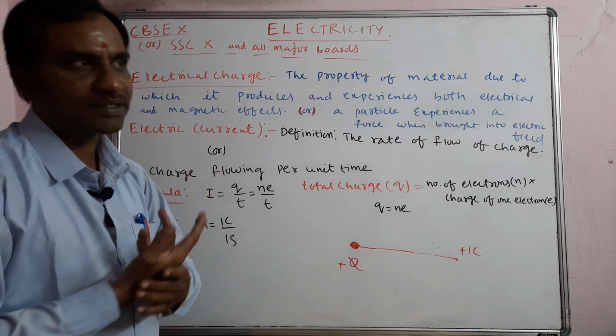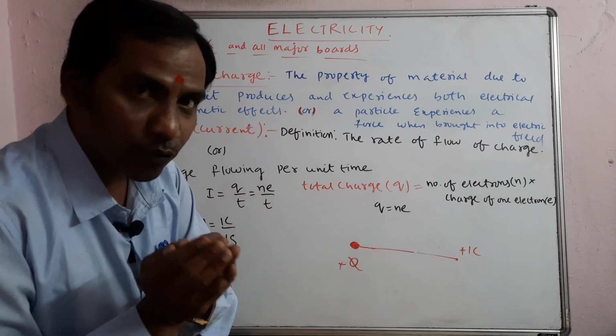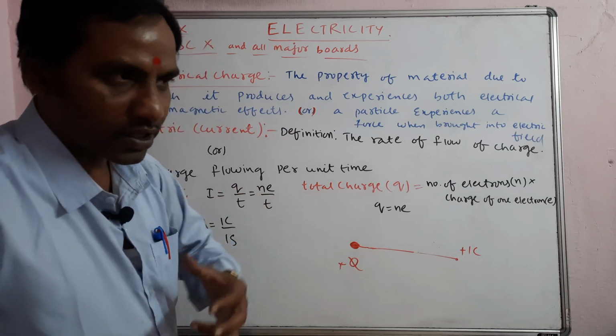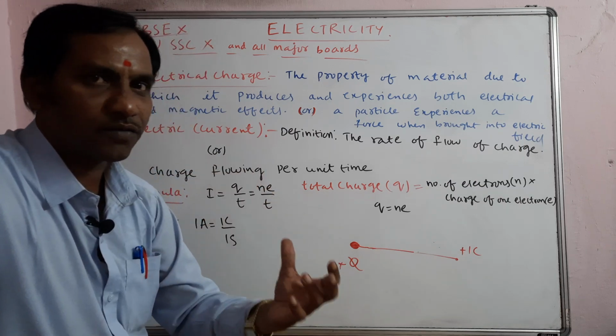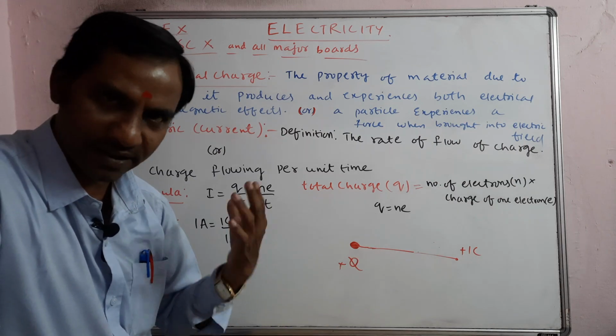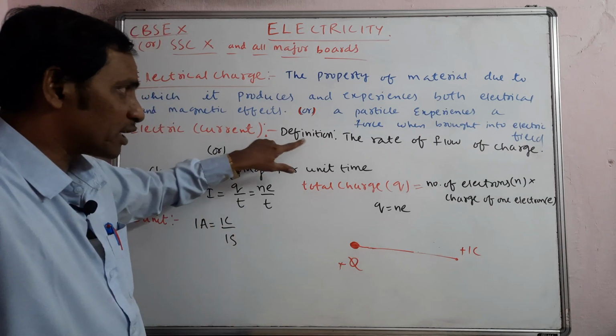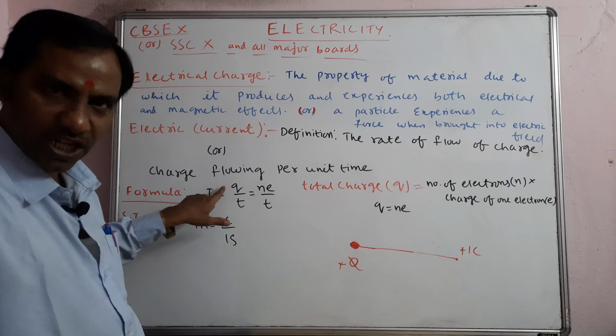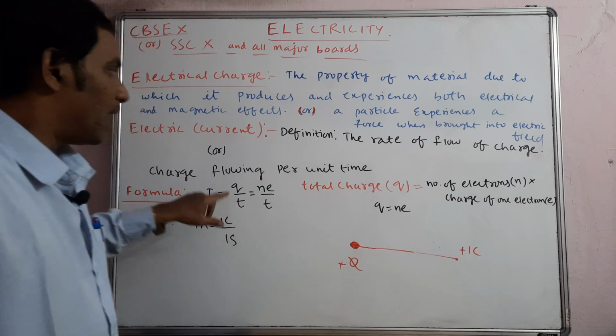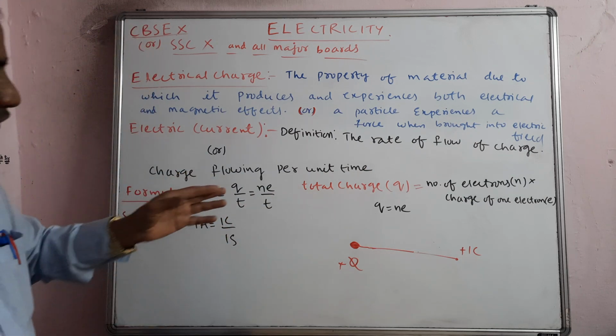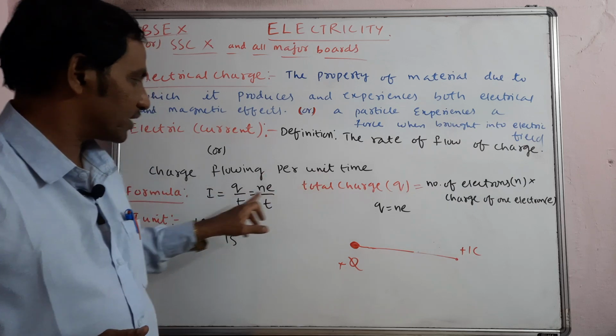For example, in mathematics we say the rate of flow of water, meaning how many liters of water flow in 1 hour. In the same way, rate of flow of charge means charge divided by time. You can also define it as the charge flowing per unit time.